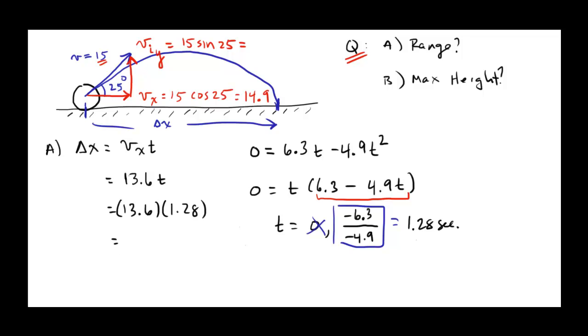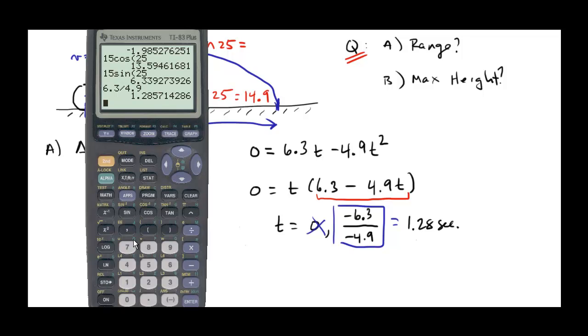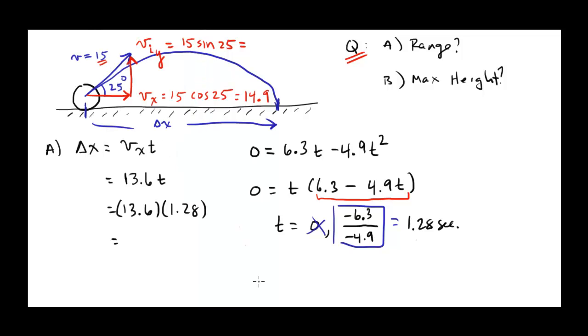So I have to take this now and multiply by 13.6. Oh shoot, times the answer that I got there. And that gives me 16.7 meters. Good. And that's the answer for part A.